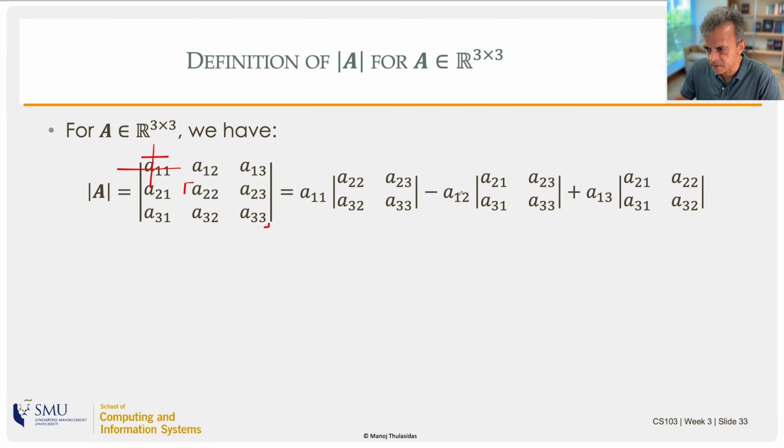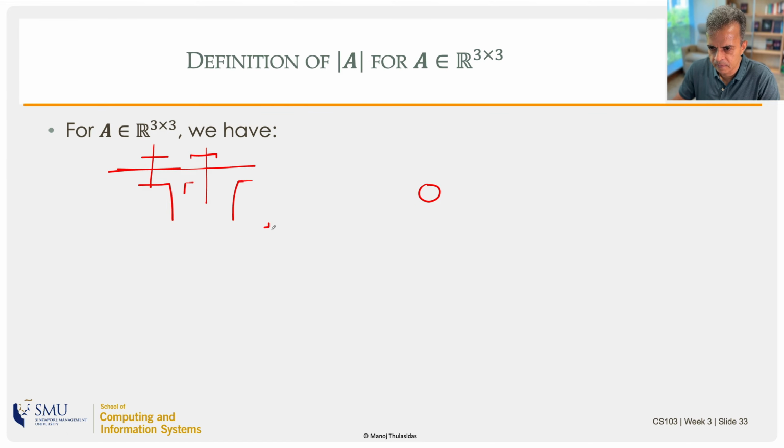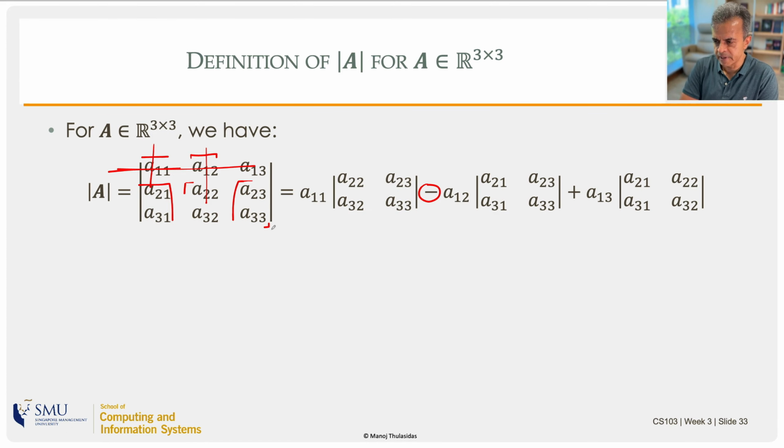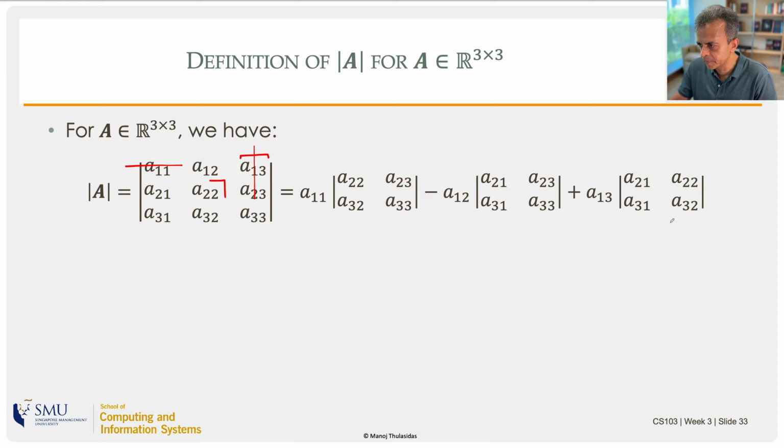Then minus, there's a minus there, A12, again delete that column and the corresponding row. Then you get a 2 by 2 determinant comprising these 4 elements, and that we know how to compute. Then you move on to A13, delete that column and that row, you get a 2 by 2 determinant there and compute that. And this is the way it is done.